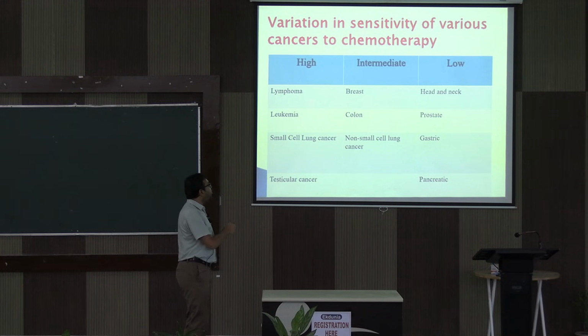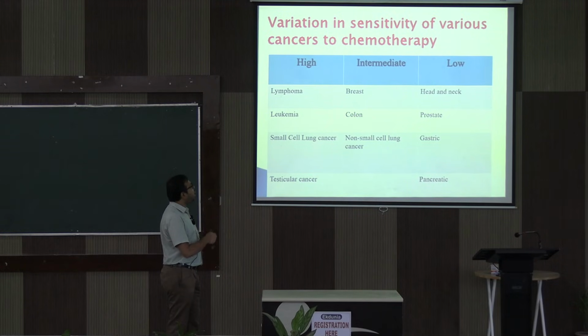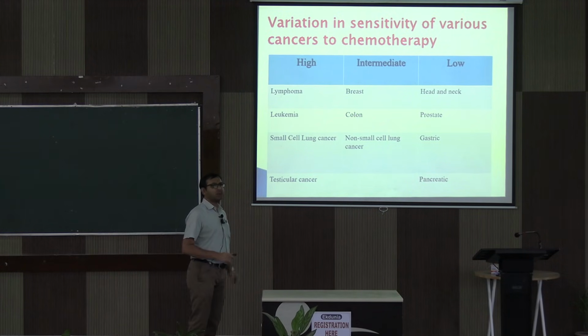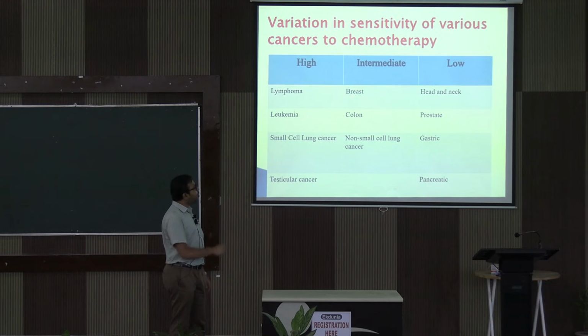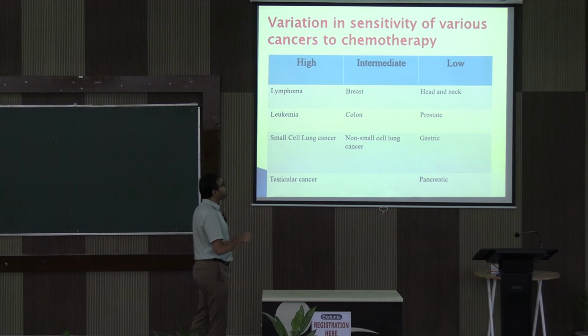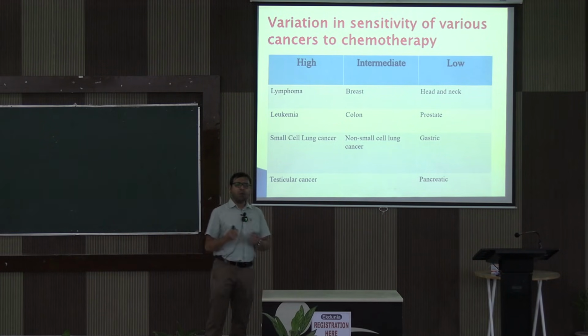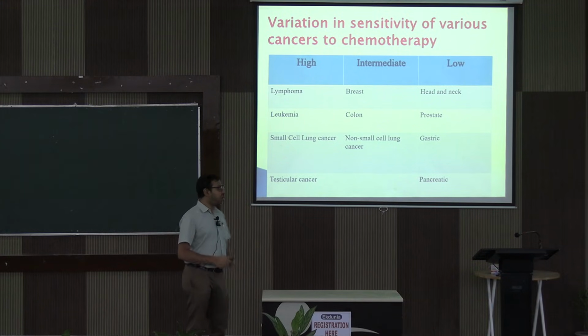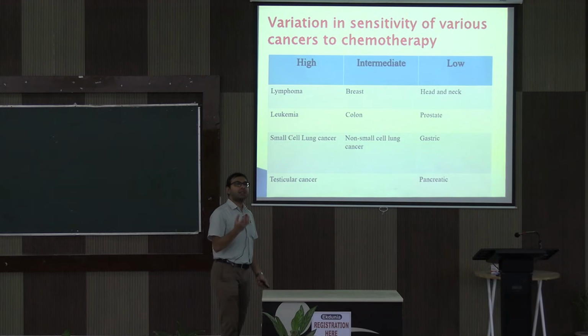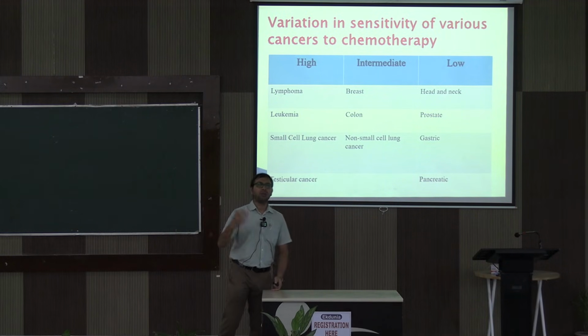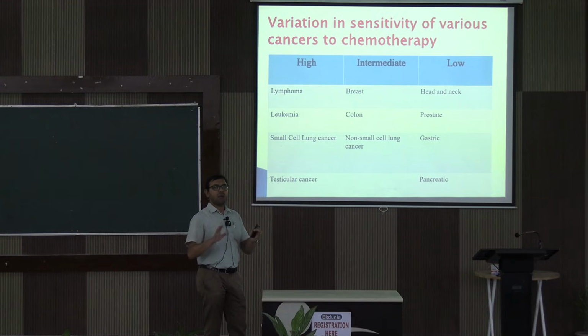For example, lymphoma, leukemia, small cell lung cancer and testicular cancer are highly sensitive to the chemotherapeutic drugs. Intermediate sensitivity is seen in breast cancer, colon cancer and non-small cell lung cancer, and very low sensitivity in head and neck cancer, prostate cancer, gastric cancer, pancreatic cancer, etc. So accordingly, if there is pancreatic cancer, we mainly use the cancer chemotherapeutic drugs for palliation, so that there will be less pain and improved quality of life.